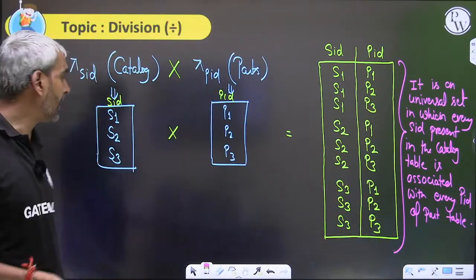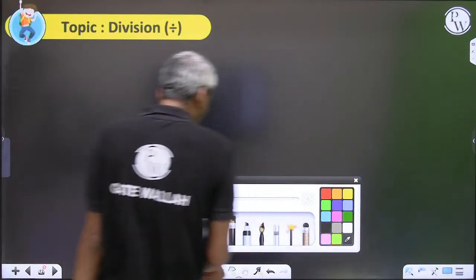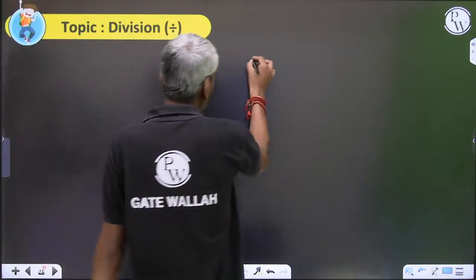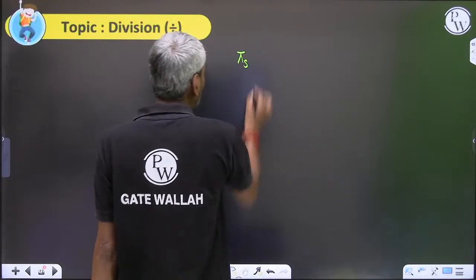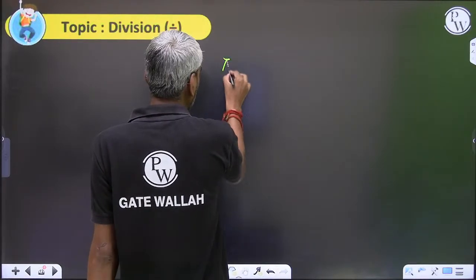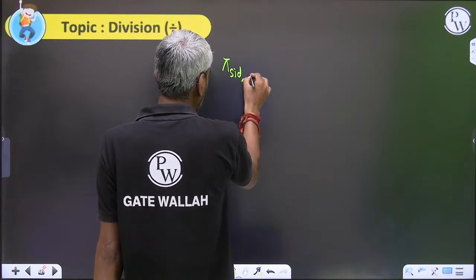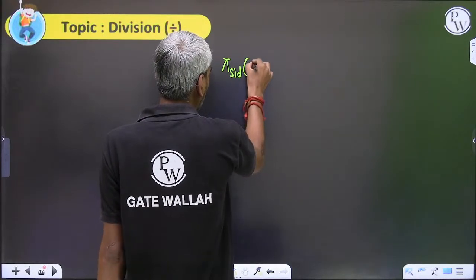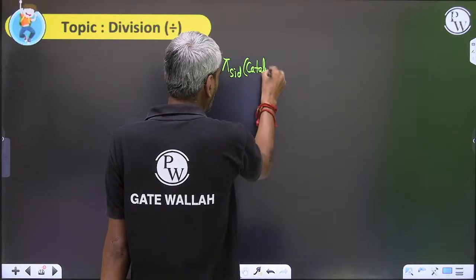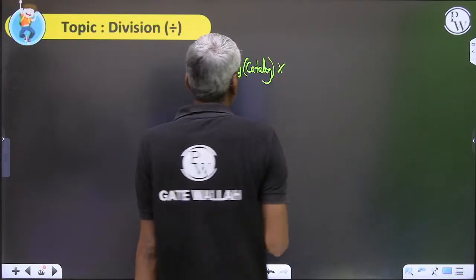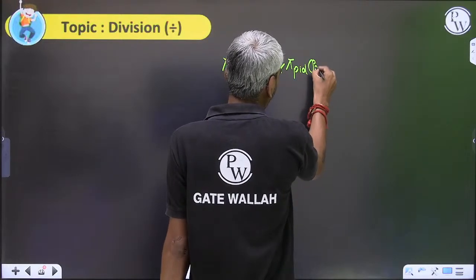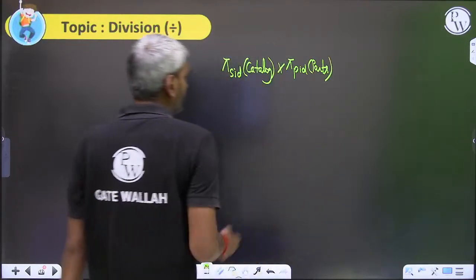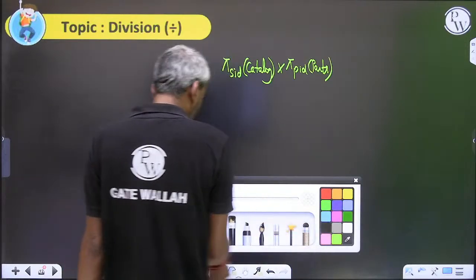Now the next thing that you must understand, please try to understand this: the SID of the catalog table cross product with the PID of the parts table, then this is your universal set.